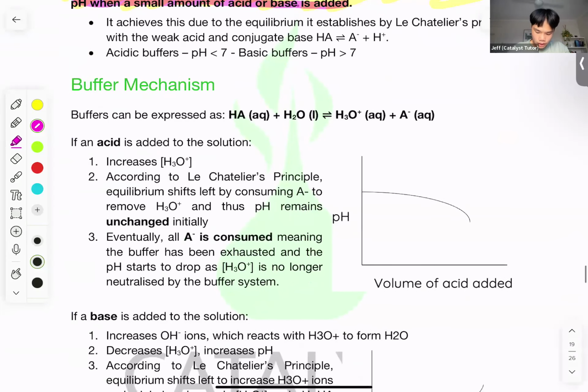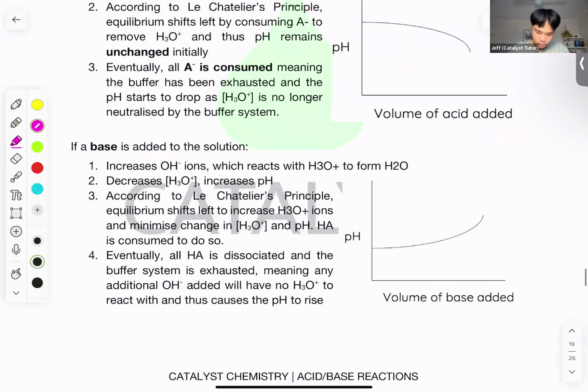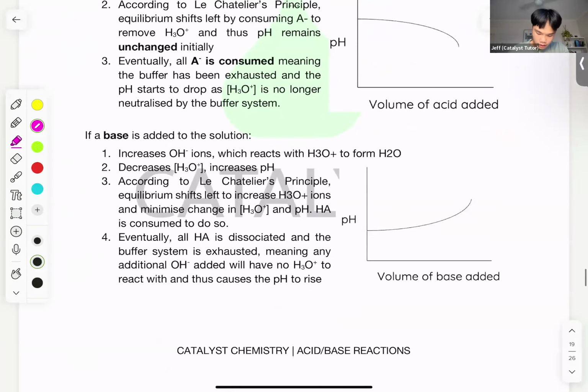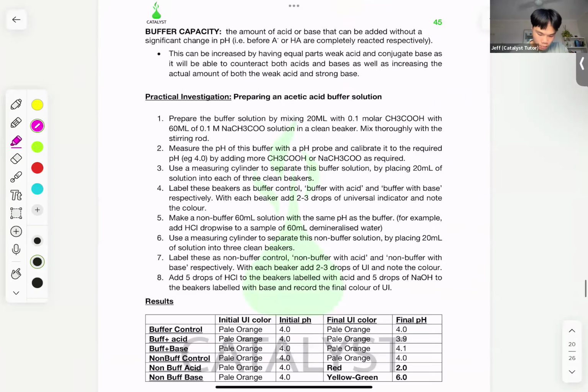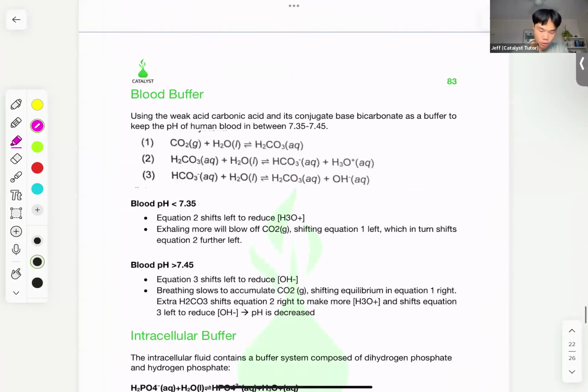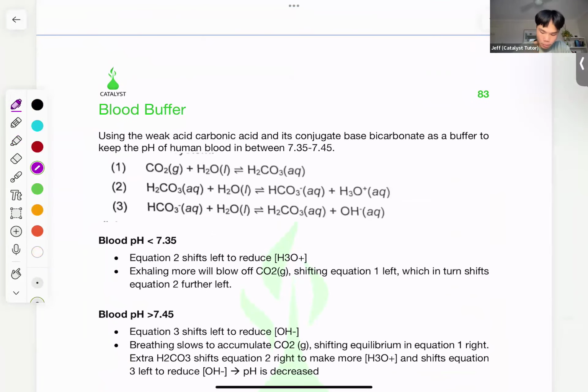So let's talk through an example here. Actually, I'll bring up one of the natural buffers. We'll do the blood buffer to make it a bit more applied. So the blood buffer has a pH around 7.35 to 7.45, where it maintains that pH. There are a few equations you can write for the blood buffer. Typically, it's going to involve bicarbonate and carbonic acid.